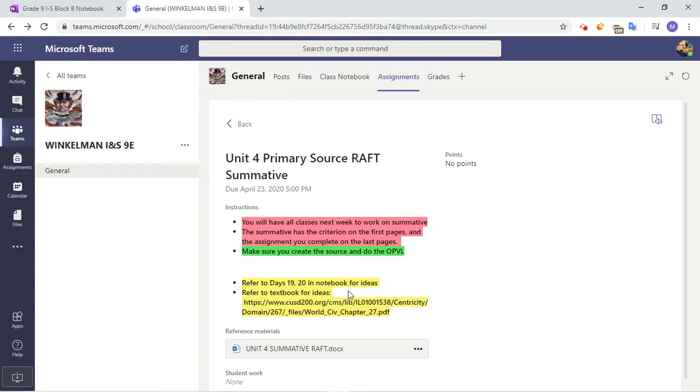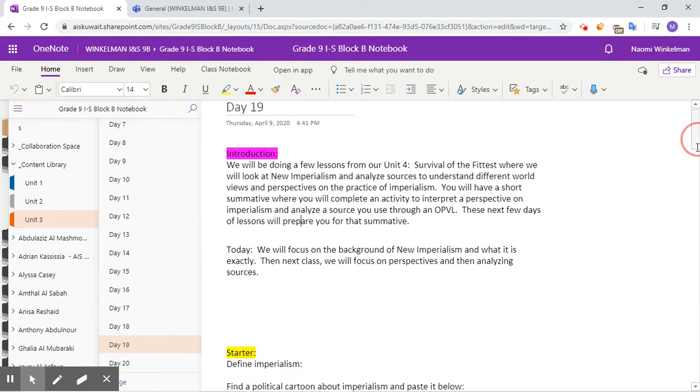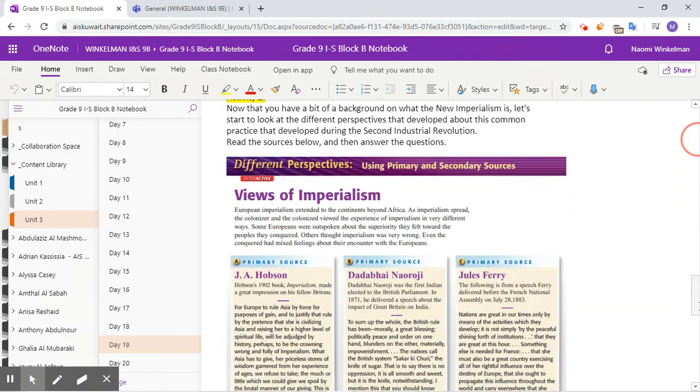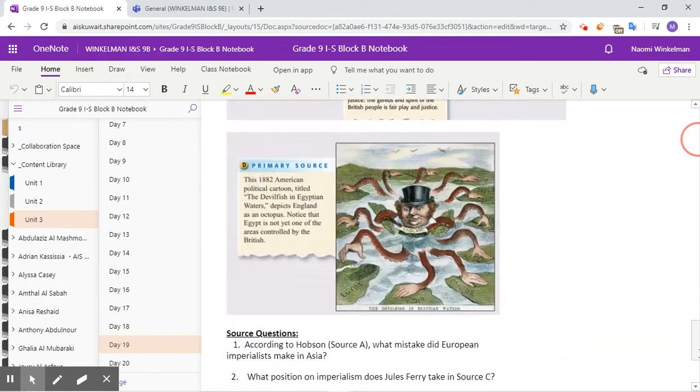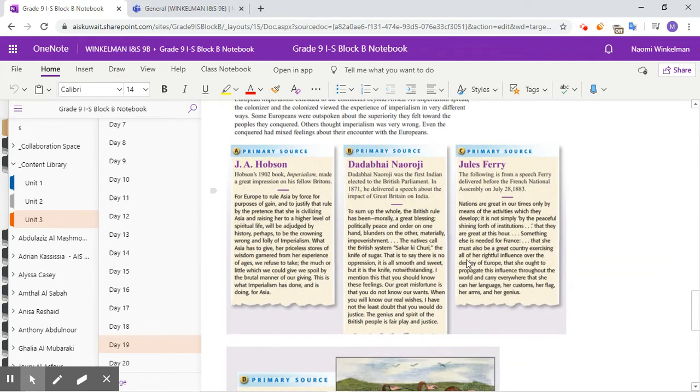Okay. So down here it says refer to days 19 and 20 in notebook for ideas. If you did these yourself, you will remember that this whole, starting from here, both of these days are nothing but primary sources, right? Here are 3 primary sources that you can get for ideas.